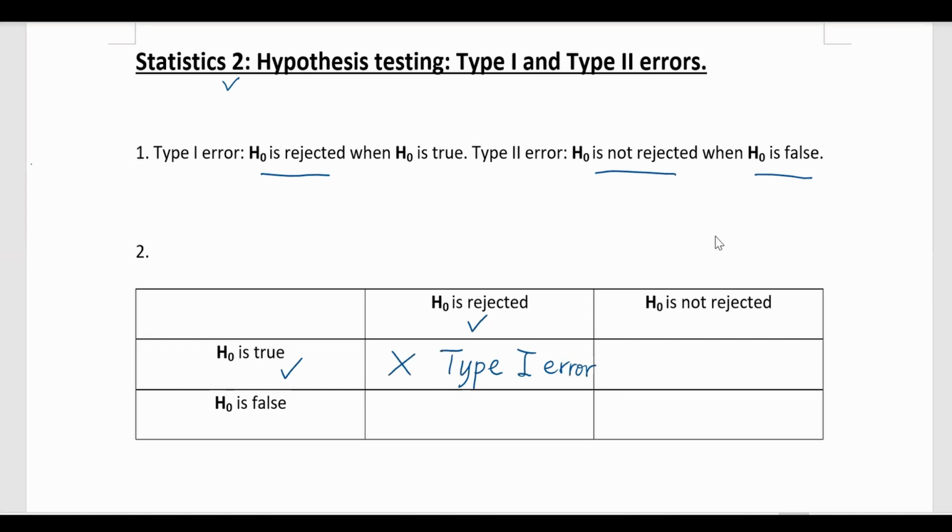How about H null is rejected and we realize that H null is false. So we reject a false H null. Isn't it we have made a correct decision? So there is no error involved here.